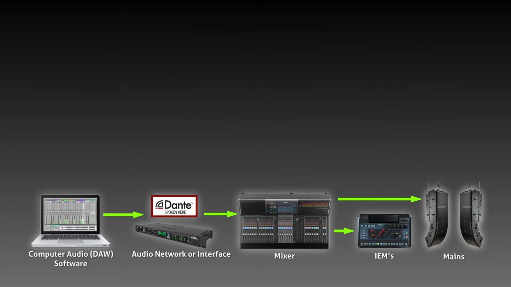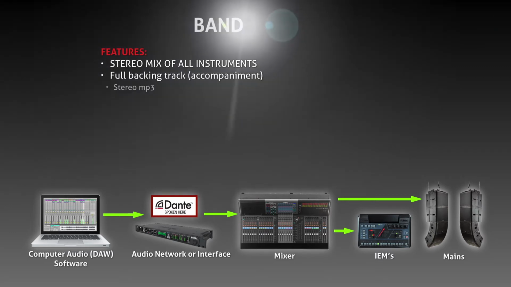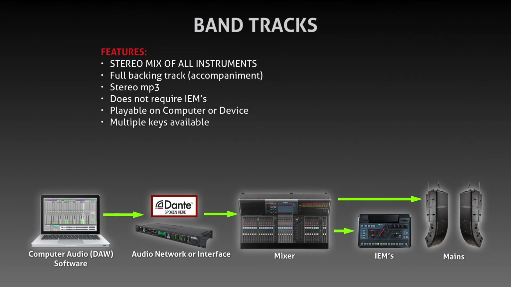Okay, so let's take a look at band tracks. Band tracks are stereo mixes of all the instrumentation. You do not get to pick and choose what you want in that mix. It's just a general mix, much like a full backing or accompaniment track. This is delivered as a stereo MP3 file, and it does not require in-ear monitors.